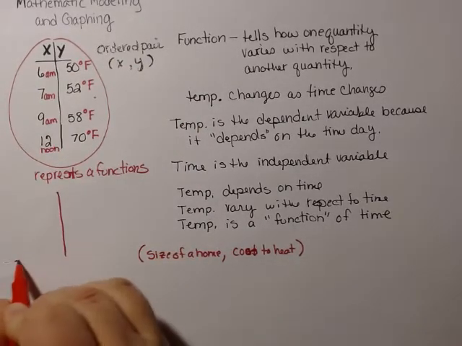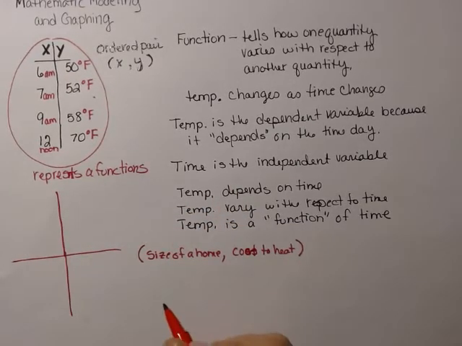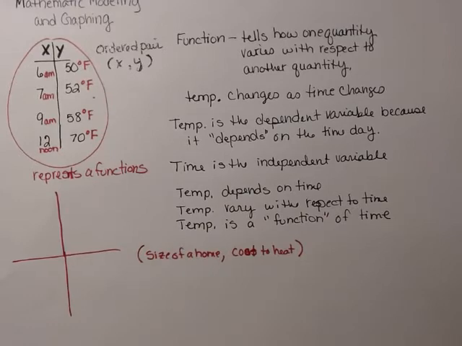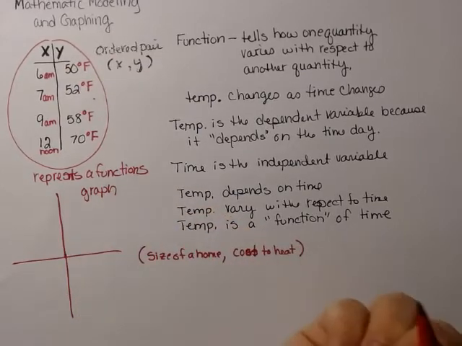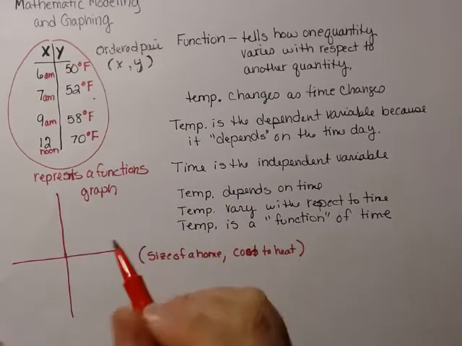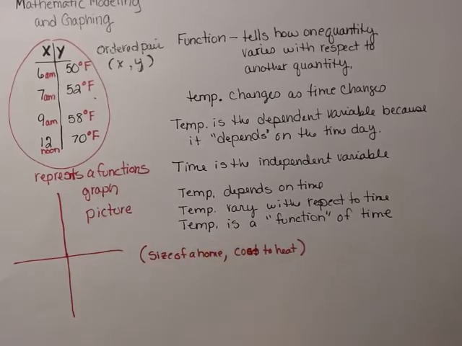I could put them in a graph, right? I could draw a line. I could graph these. So I can use a table, I can use a graph, and a lot of times you can just use a picture to represent something. Okay? There's several ways to do this.